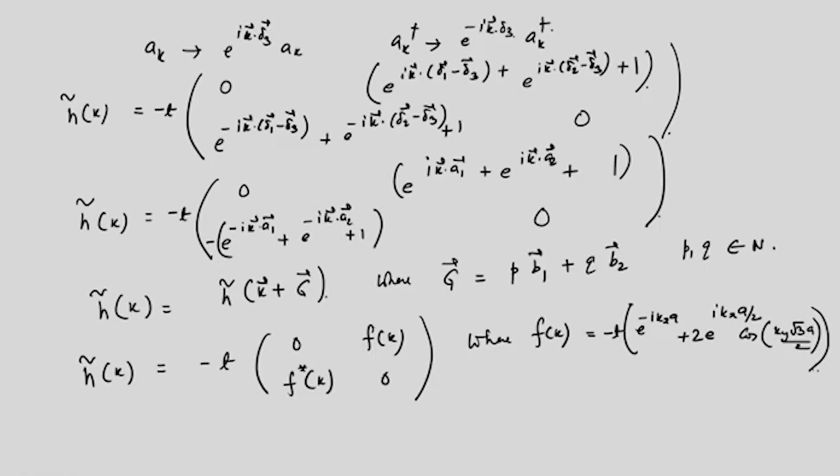That is the form for f of k, and we can now diagonalize this matrix h tilde of k and get the energy dispersion for the tight binding problem of graphene.